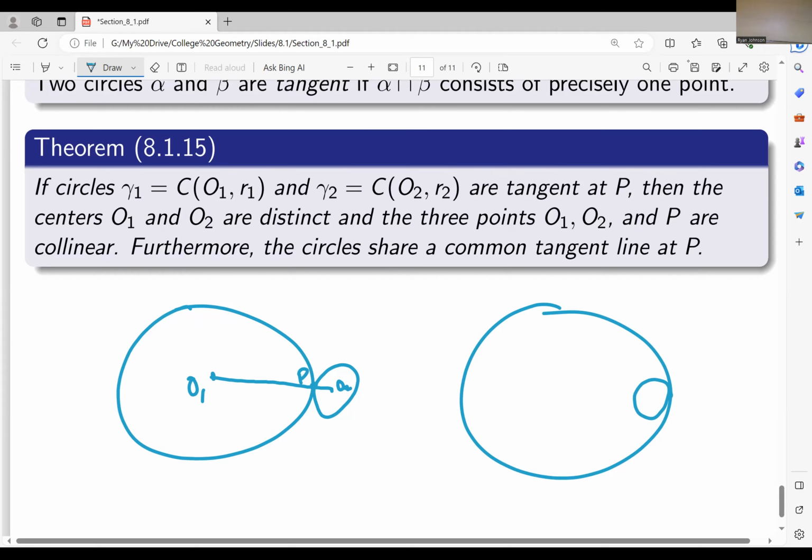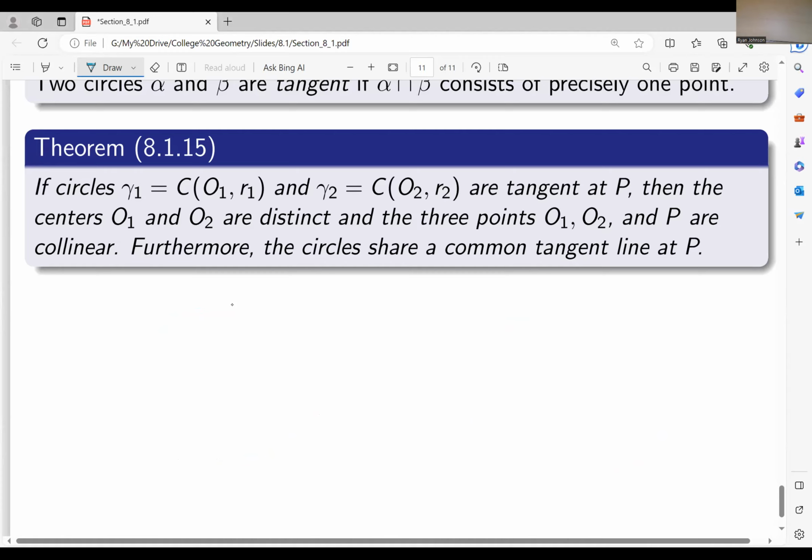Let's do the proof more like this. We don't need to draw the circles even, because circles are just distances. So I want the center O1 and the center O2 and the point P, and I'm going to draw it weird. And then I'm going to draw the line from O1 to O2.